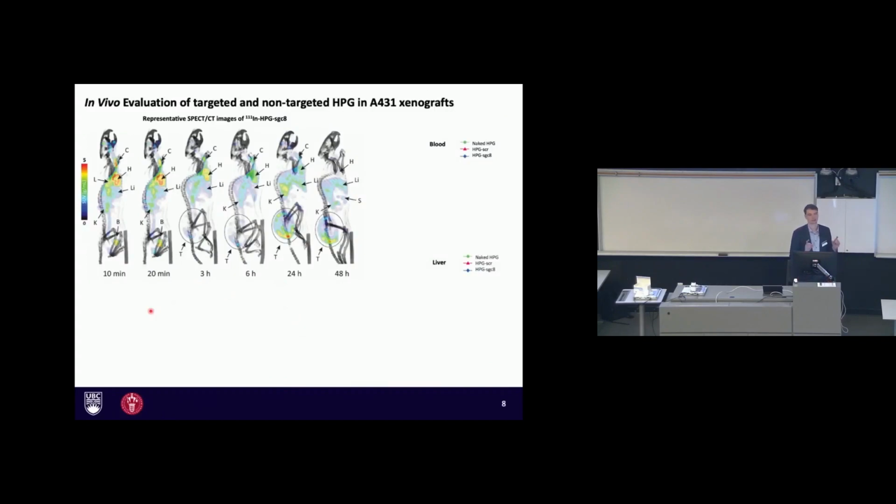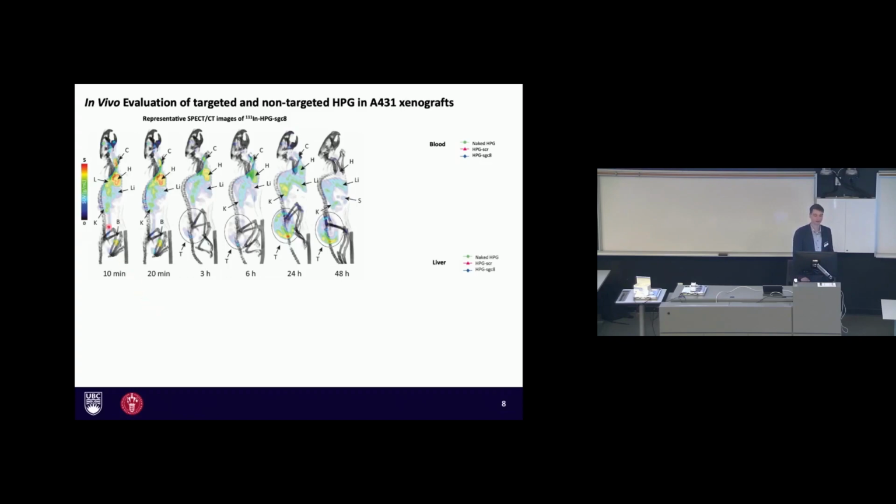We looked into the tumor uptake and overall pharmacokinetics of HBG-SGC8, HBG with the scrambled aptamer sequence, and then just naked HBG without any single-stranded oligonucleotides.